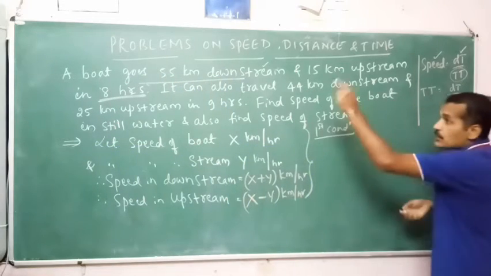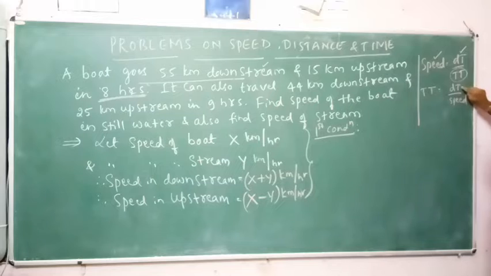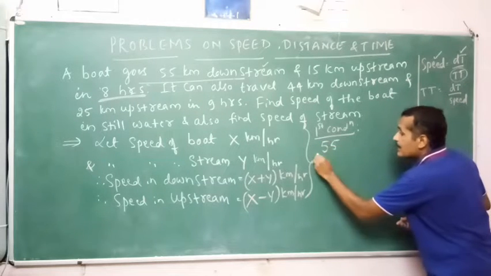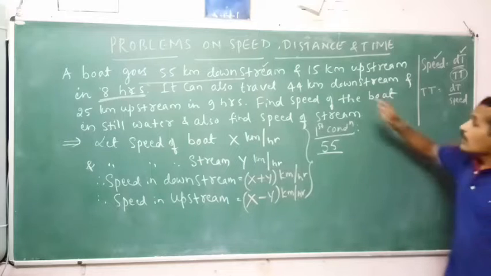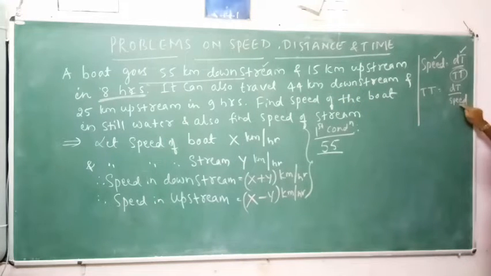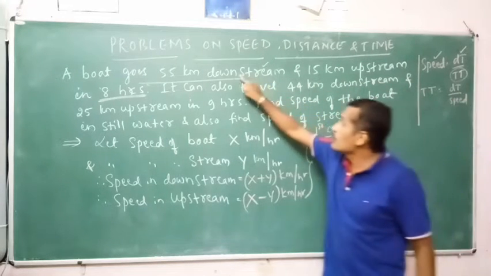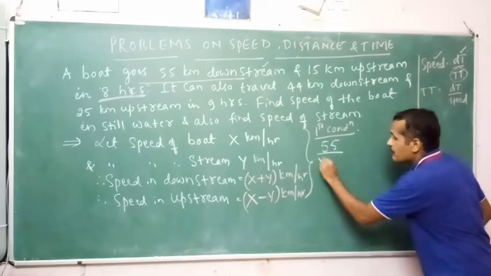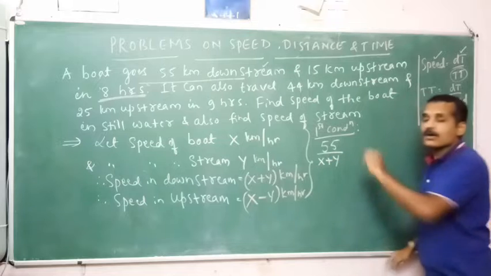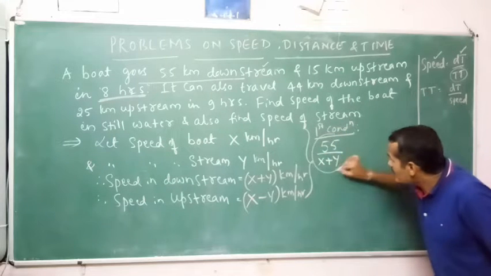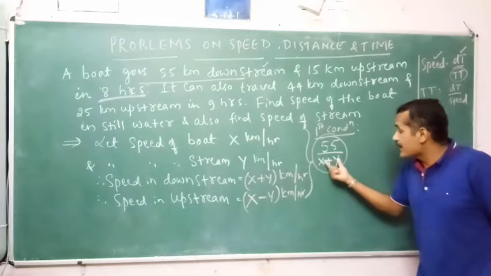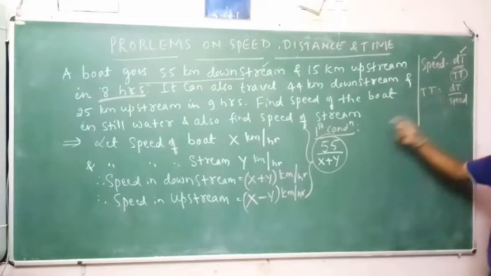See, 55 is what? It is the distance traveled. I will write here 55 divided by what is the speed? Speed in the downstream. Speed in the downstream is x plus y. 55 divided by x plus y. What is this? 55 by x plus y is nothing but time taken.